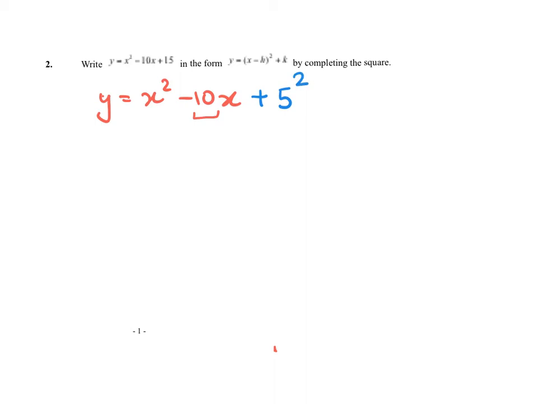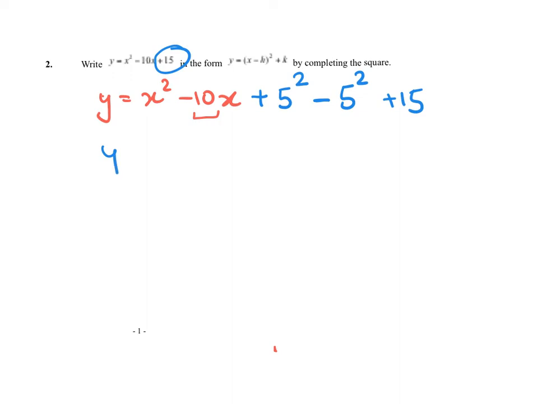But we do know the equation needs to be balanced. We can't just add something, so in order to keep it balanced, I'm going to take away the same number. And now it looks like nothing has been done. So nothing has changed, even though it has changed, but it's balanced. And then we shouldn't forget that part here, which is plus 15.